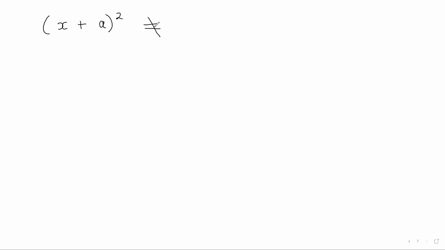This is not equal to x squared plus e squared. All right, so for instance, if you saw x plus 2 all to be squared, this is not equal to x squared plus 4. You do not square the terms inside. That's not what it means.